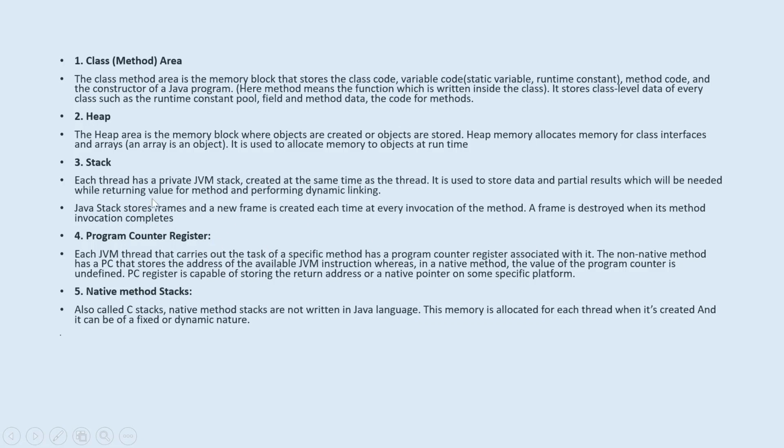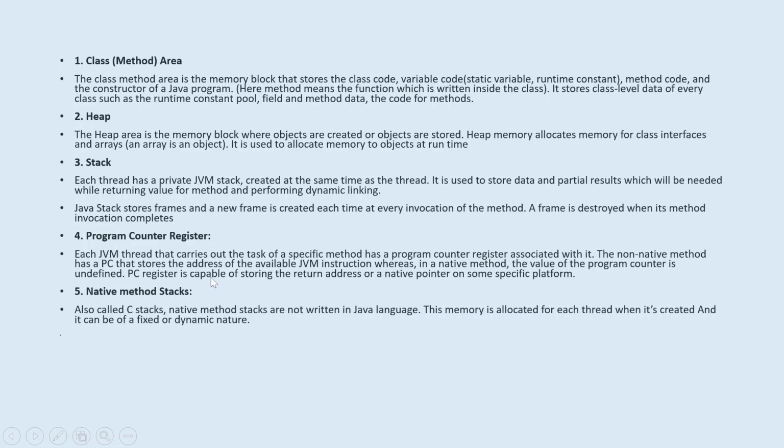Then we have got a program counter register. Program counter, as the name suggests, counter, it gives the memory location for the current part which is executed in the program. So each JVM thread that carries out the task of a specific method has a program counter register associated with it. The non-native methods have a PC that stores the address of the available JVM instruction, whereas for the native method, the value of the program counter is undefined.